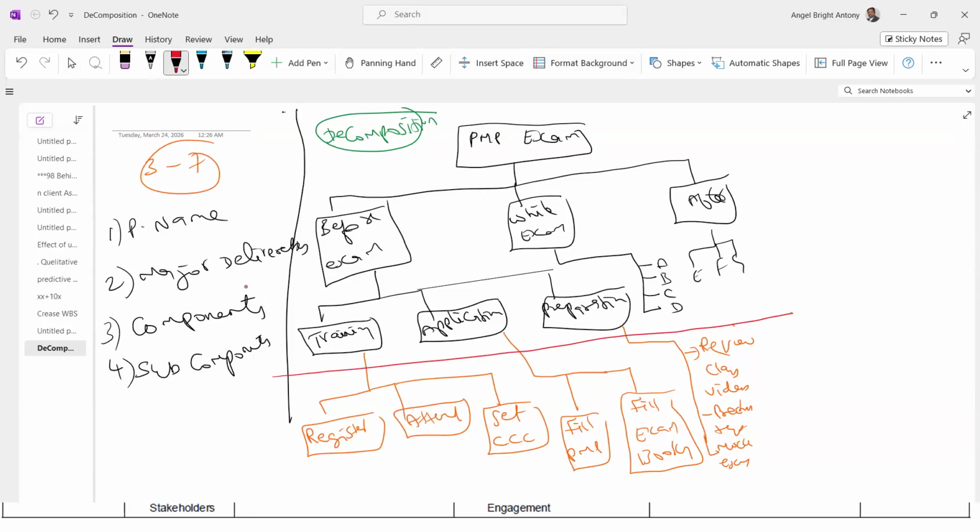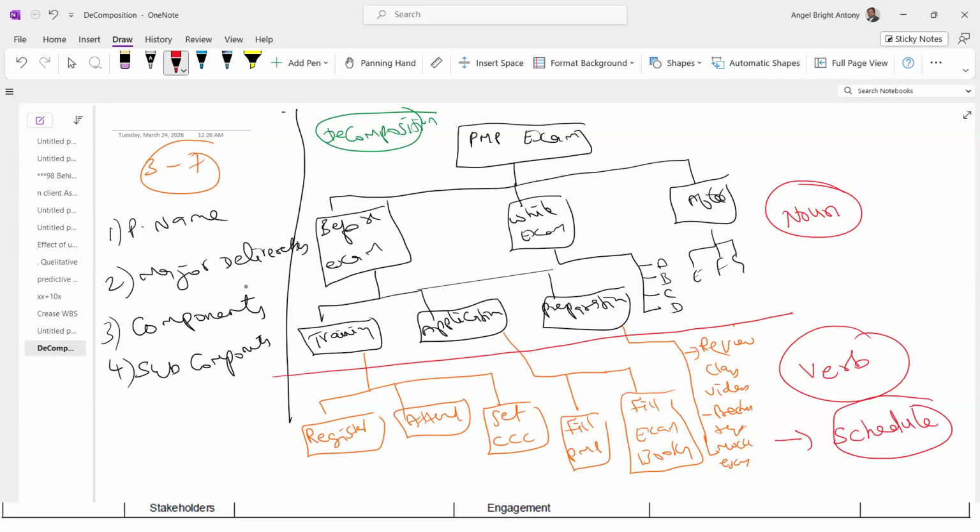Activities will normally start with a verb, an action: register, attend, get the completion certificate, fill the application, fill the exam booking. Whereas your WBS levels will be nouns. If it is an action, you will need time, money, resources to manage it. So the activities will be part of your project schedule.